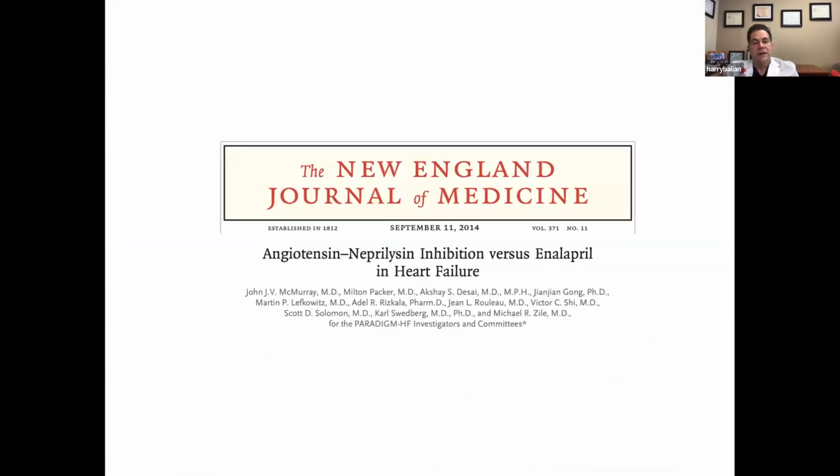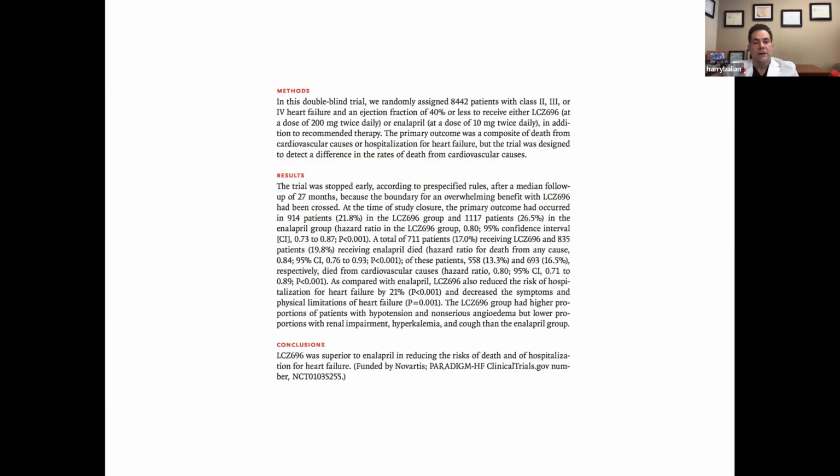This study, published in the New England Journal in 2014, showed the efficacy of Entresto versus ACE inhibitors in heart failure, looking at 914 patients in the Entresto arm and 1,100 patients in the ACE arm.